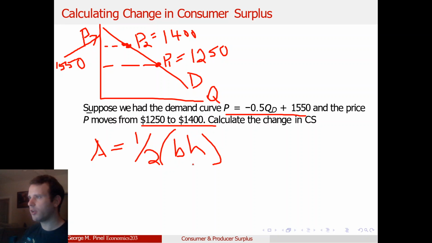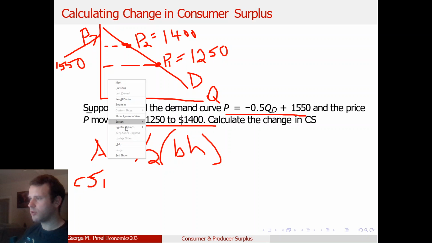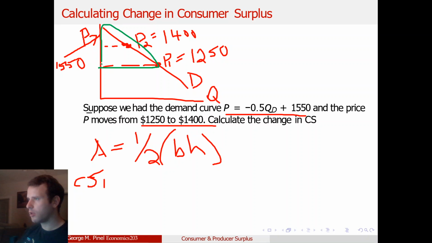Okay. And consumer surplus 1 is going to be the area of, let's even do this, let's color code consumer surplus 1.